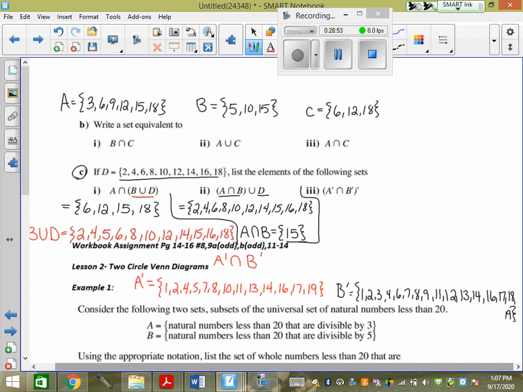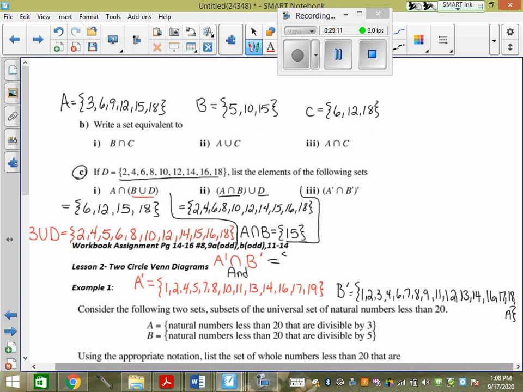So the complement of A is just what's not in A. The complement of B is just what's not in B, right? Now I want what's not in both of them. So I look at not A, I look at not B, and I list the ones that are in both, because this is the and symbol.